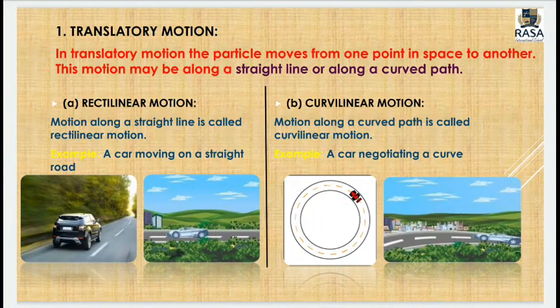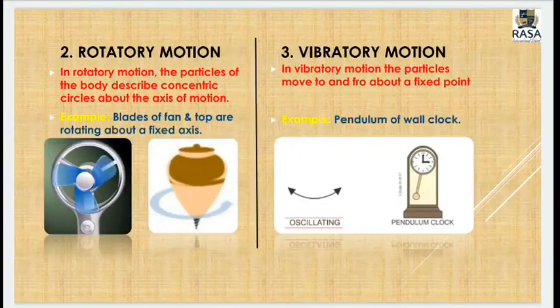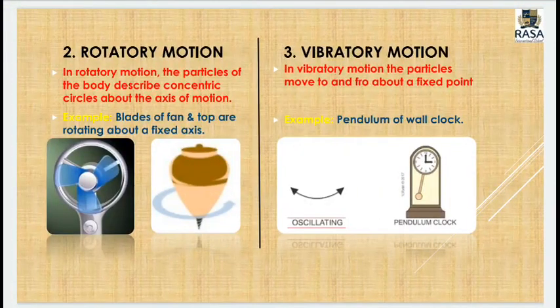So here you are able to see in the figure the car is moving in a straight road and the car is moving in a curved path. So we are able to see that the translatory motion is divided into two categories, that is rectilinear motion and curvilinear motion.